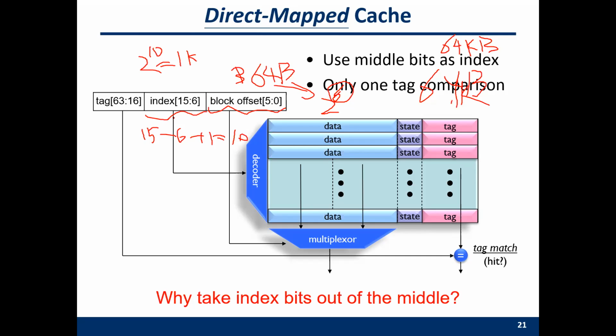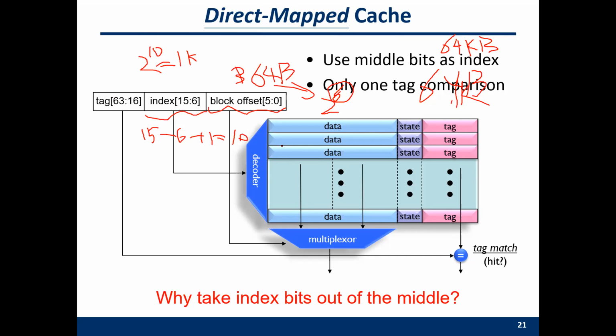For 1K indexes, you need 10 bits, from bit 6 to bit 15. Maybe your address is 64 bits in this case, so all the other bits should be the tag. If it's 32 bits, then this is bit 31. So all the other bits except the index and the block offset are tags for the direct mapped cache.